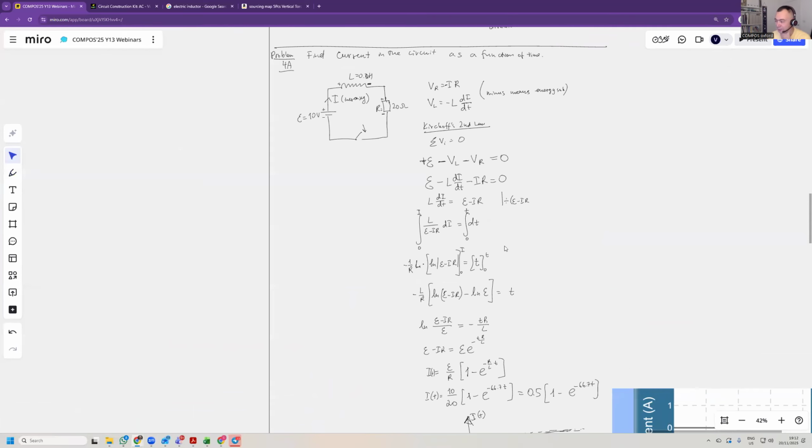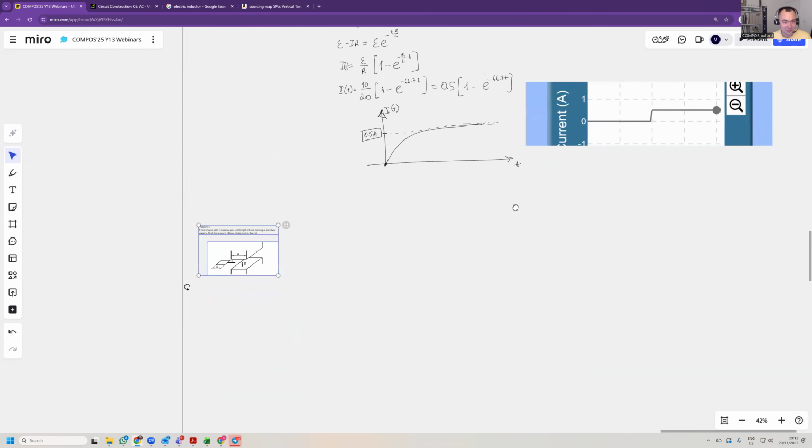We'll do a lot more differential equations next physics session, because the next topic is my absolute favorite, RLC circuits. And this is a sneak peek into the next physics session, of course.